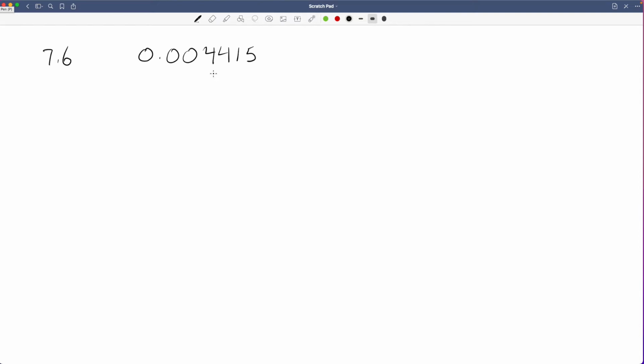This is tenths, hundredths, thousandths, ten-thousandths, hundred-thousandths, millionths. So millionths. 4,415 millionths divided by 32 thousandths. Okay, because this is tenths, hundredths, thousandths.